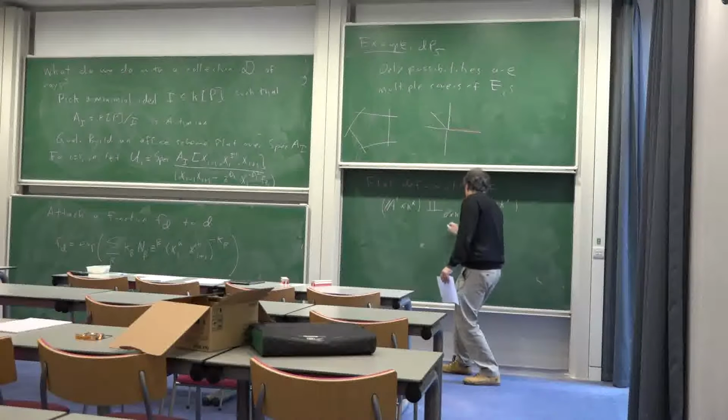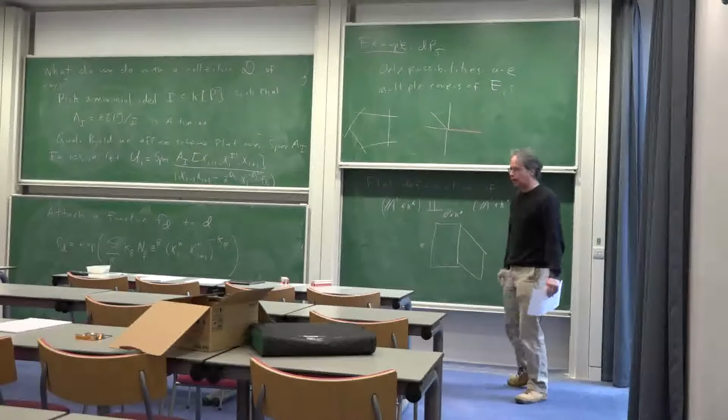So it looks something like a union of two normal toric varieties, two gadgets like that.